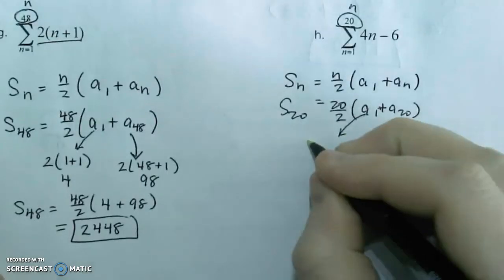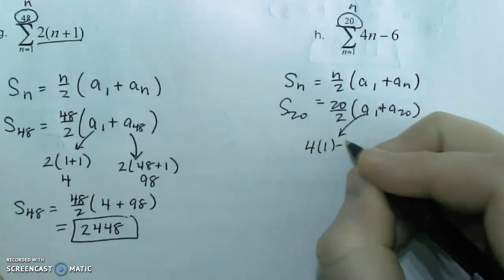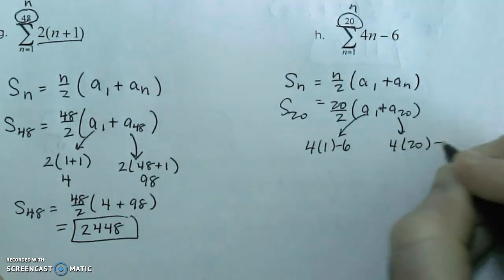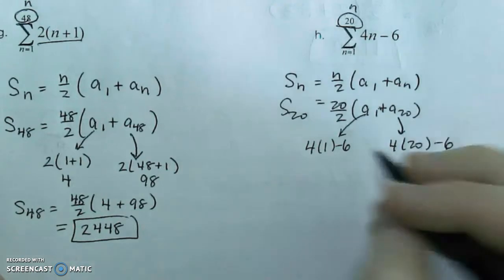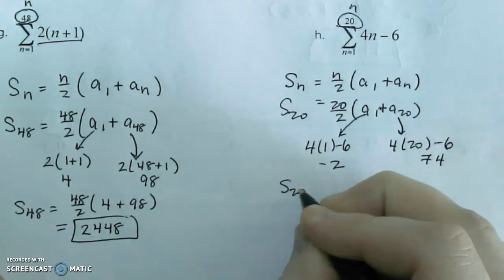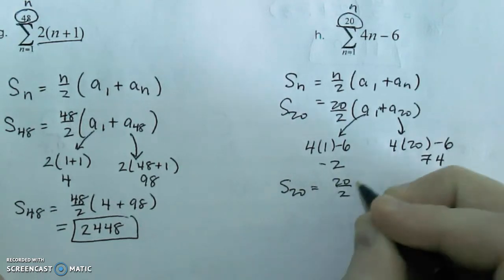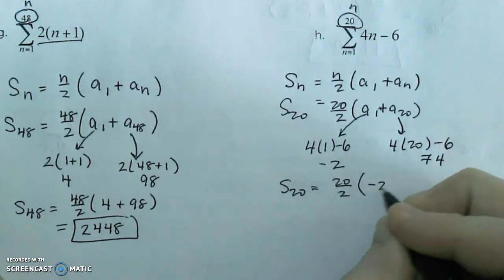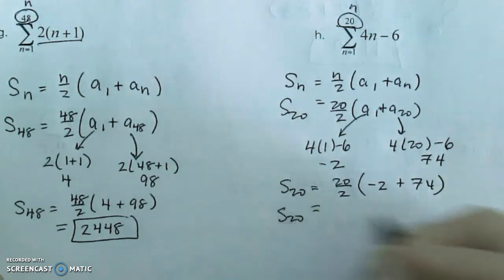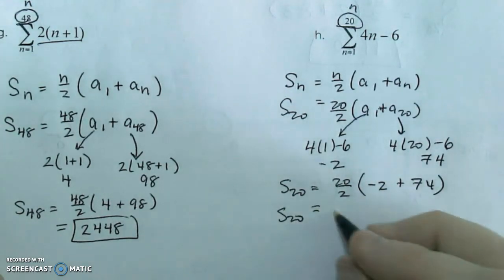A sub 1, we plug in 1 into the rule. And A sub 20, we plug in 20 to the rule. And we get negative 2, and we get 74. So then we have everything we need. And so the sum of the first 20 terms is 720.